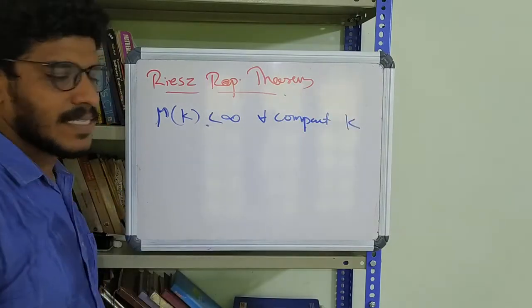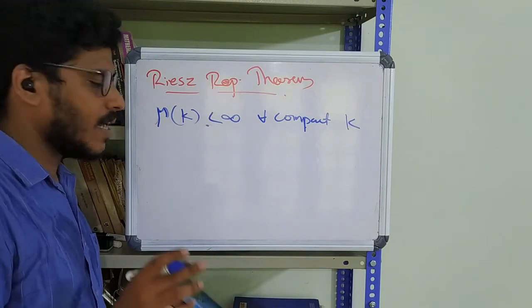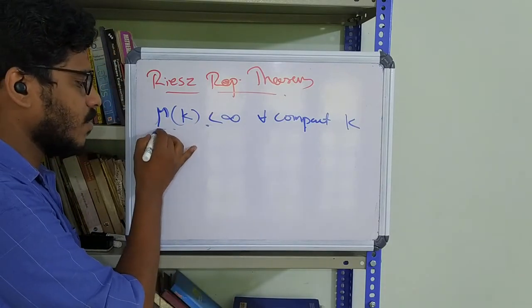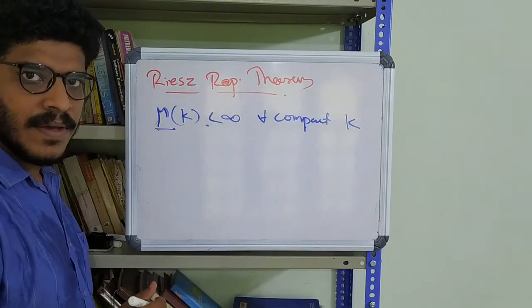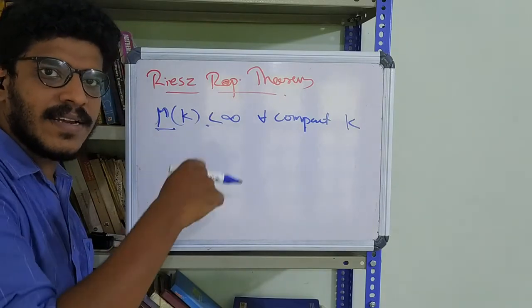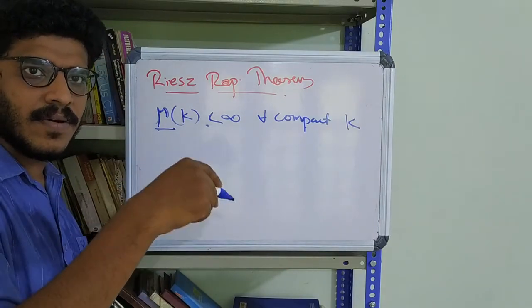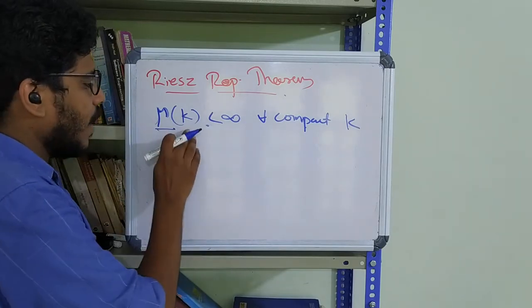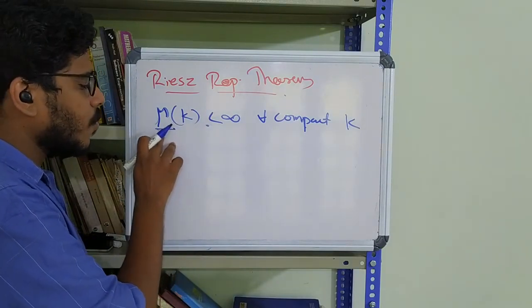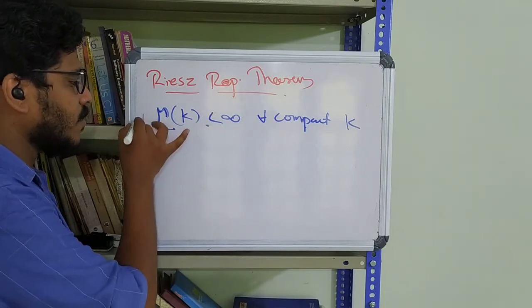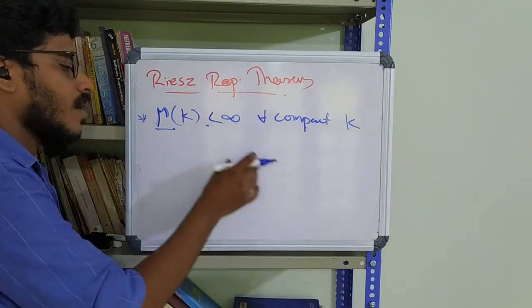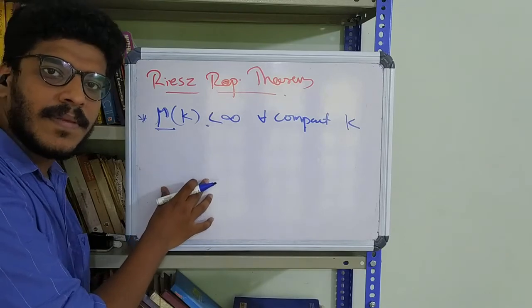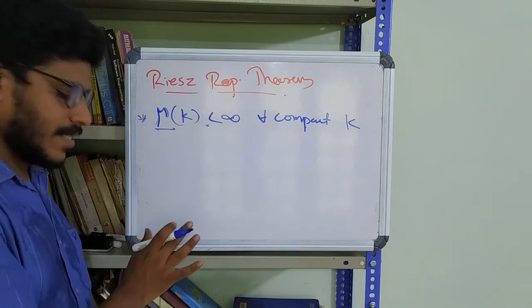The Riesz representation theorem assures the existence of such a measure, with which we can easily represent any positive linear functional Lambda, and such a measure will have a few more additional properties, which we are trying to list out. So for now, the measure of any compact set will be finite.